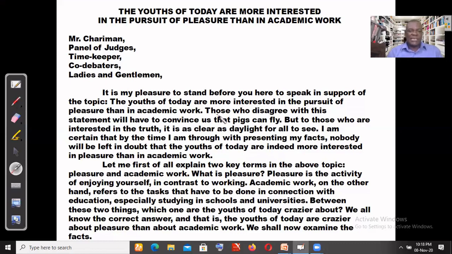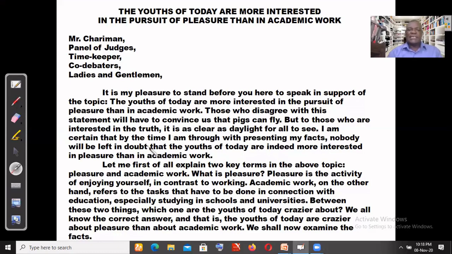For instance, we have said here, those who disagree with this statement will have to convince us that pigs can fly. But to those who are interested in the truth, it is as clear as daylight for all to see.